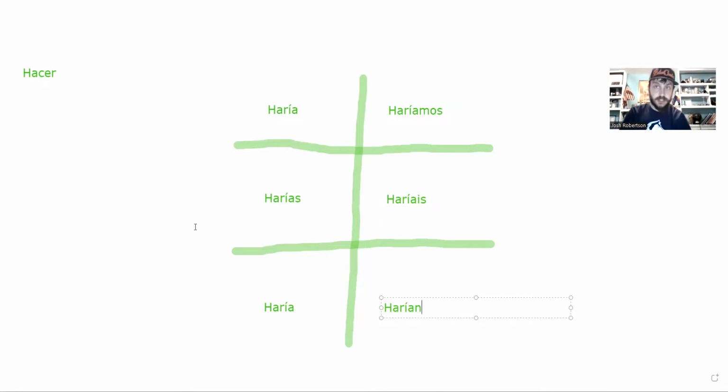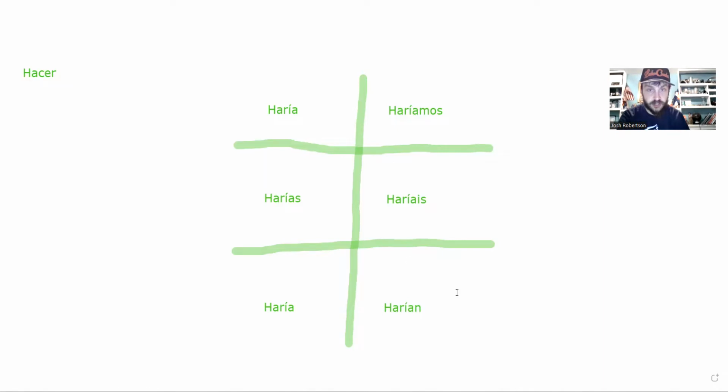See? What a beautiful way to start out part 2 of this series. So, the Spanish verb hacer conjugated in the conditional indicative is yo haría, tú harías, él, ella y usted haría. Nosotros y nosotras haríamos. Vosotros y vosotras haríais.